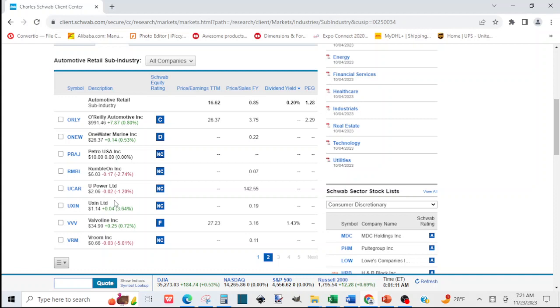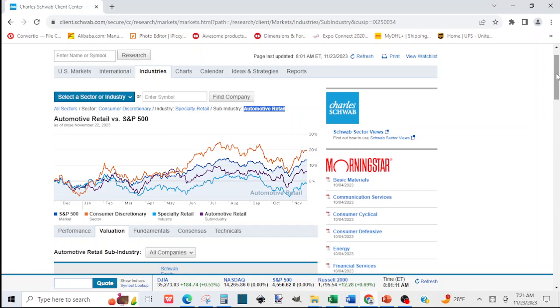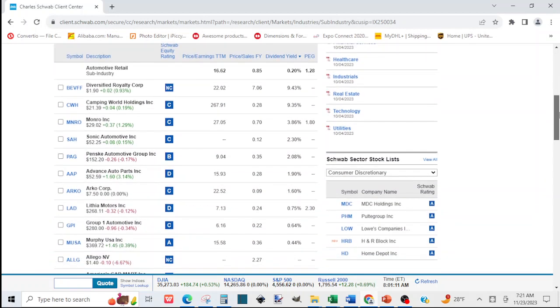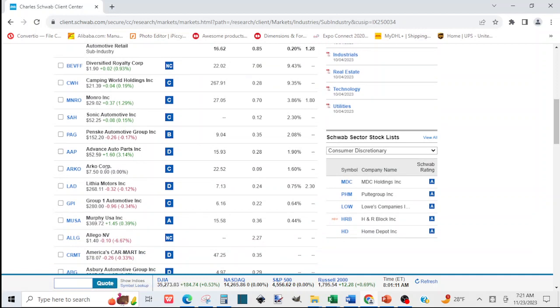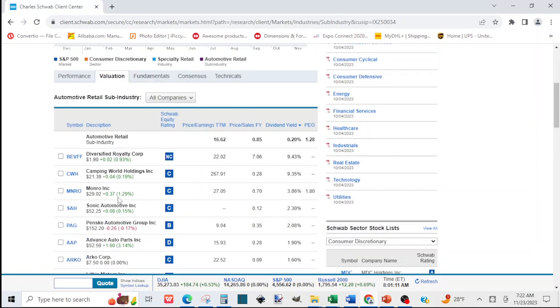So you want INC, you want corps, you want corporations, or CO, type of ending in the company's name after it's paying high dividend before you put it on your spreadsheet.